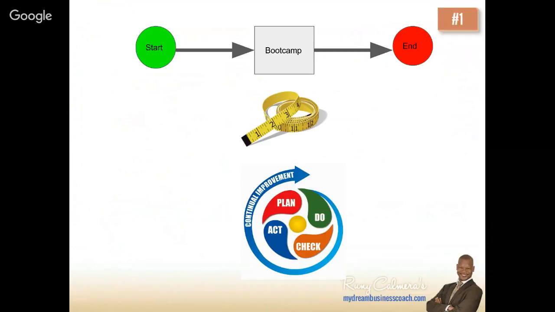Then you have to check. You have to check where you are in that process of getting that $500,000 of sales. And if you check and you are not on track, then you have to act. So plan, do, check, act is the continual improvement cycle.